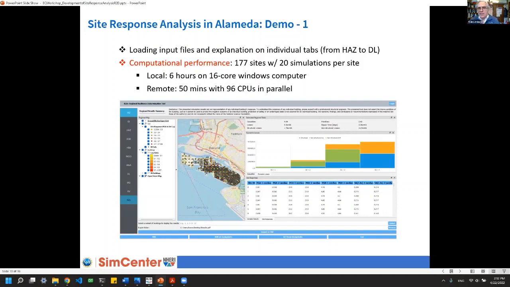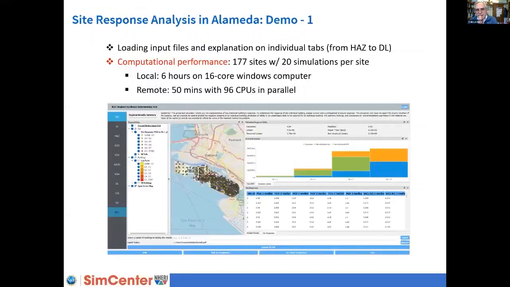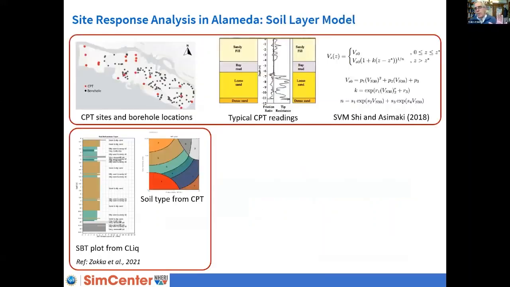Now, one of the problems that we are having is that the model that we were considering here is quite simplified for Alameda. Alameda will show liquefaction, and just including nonlinearity in the stiffness would not be enough for this analysis. So what we have been doing lately is to develop a better model for Alameda.